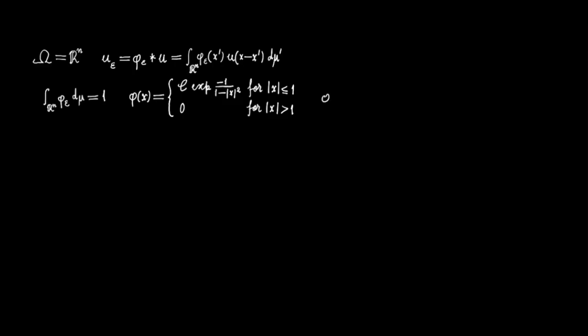And the actual phi epsilon is defined as epsilon to the minus n multiplied by phi of x over epsilon. So this phi epsilon satisfies this property because we can reduce their integral to the integral of phi by a change of variables.